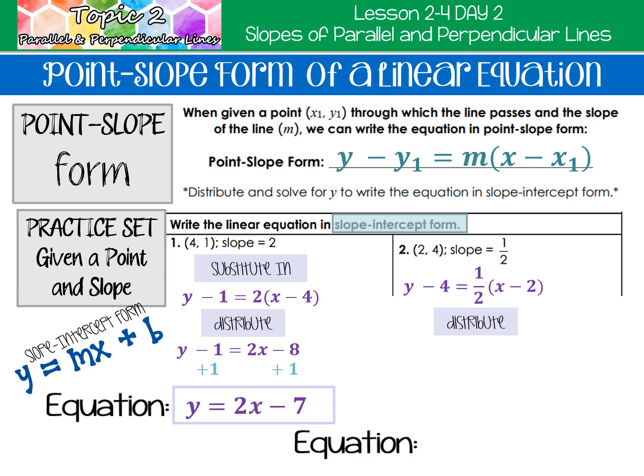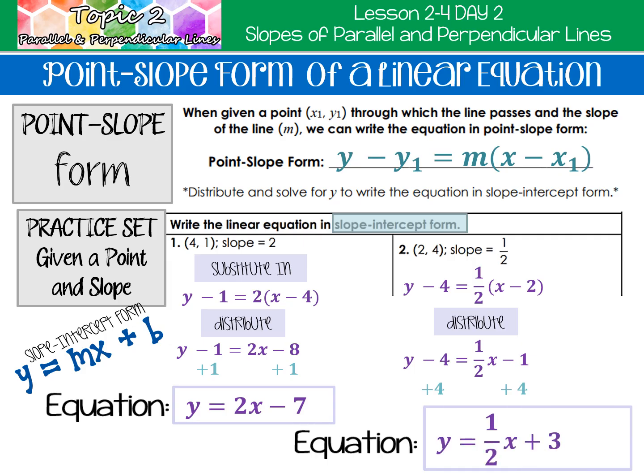Remember, slope's going to be a fraction most of the time, and they told us the slope is a fraction. So we're going to bring down our y minus 4, and 1/2 times x is half x, and half of negative 2 is negative 1. Only thing we need to do to get y alone is add 4 to both sides, and y equals 1/2 x plus 3.